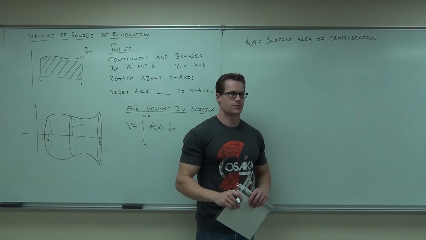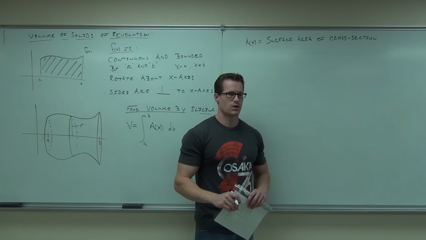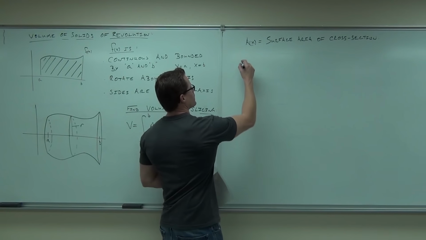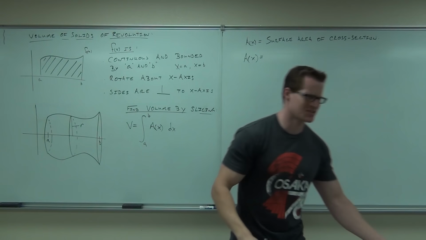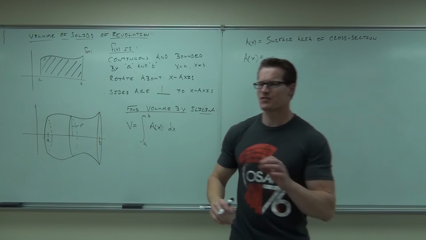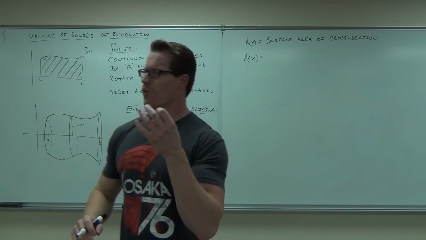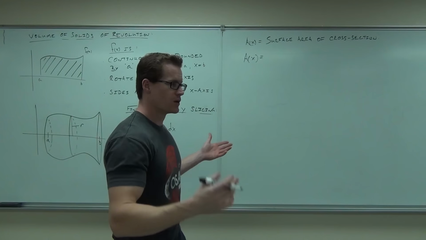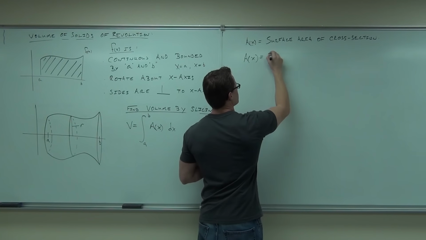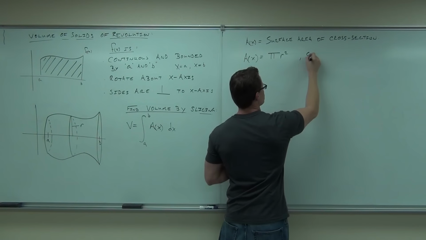Area equals the surface area of the cross-section. That's what we mean there. Now, we just talked about this. This is the cool part. Oh my gosh, this is a really cool part actually. The surface area of the cross-section. What is the cross-section? What was that shape that we just talked about? Circle. Very good. That's pi r squared. That's a circle.